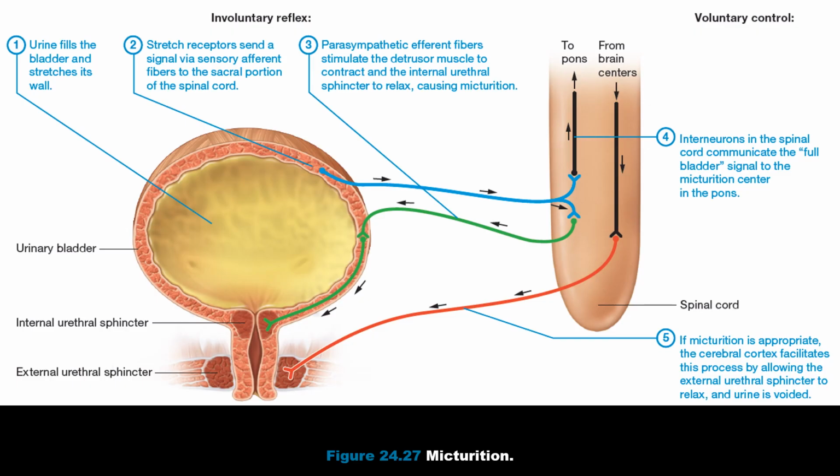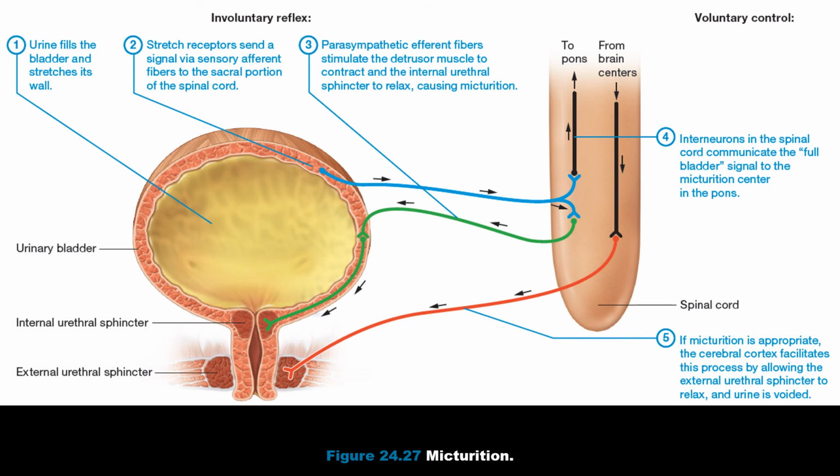And you can see this reflex here. As urine fills the bladder, it stretches those walls. The walls send those signals, hey, we're being stretched, to the spinal cord. And the spinal cord sends those interneurons to the micturition center in the pons.